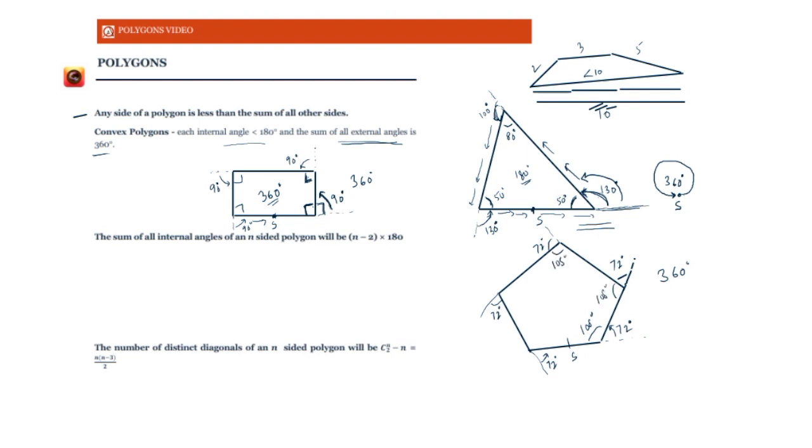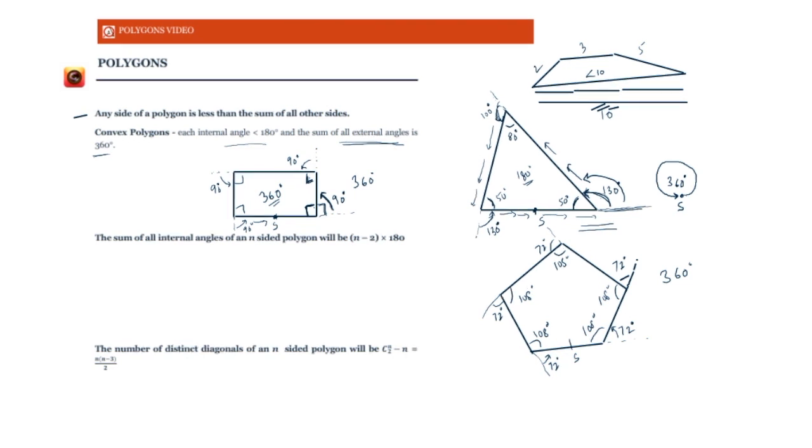Do you see that now I have 5 internal angles, each of them 108 degrees, right? So that is a total angle of 540 degrees inside. So the sum of all the internal angles over here turns out to be 540 degrees.